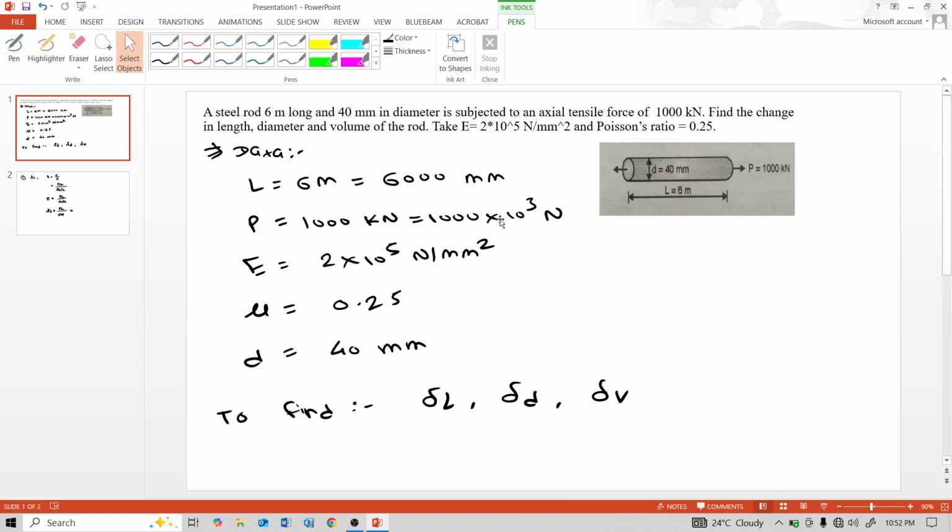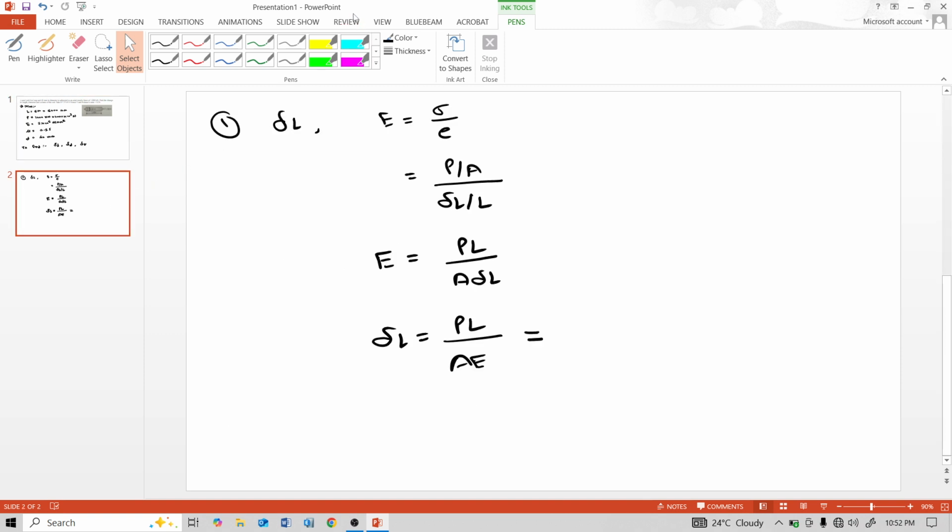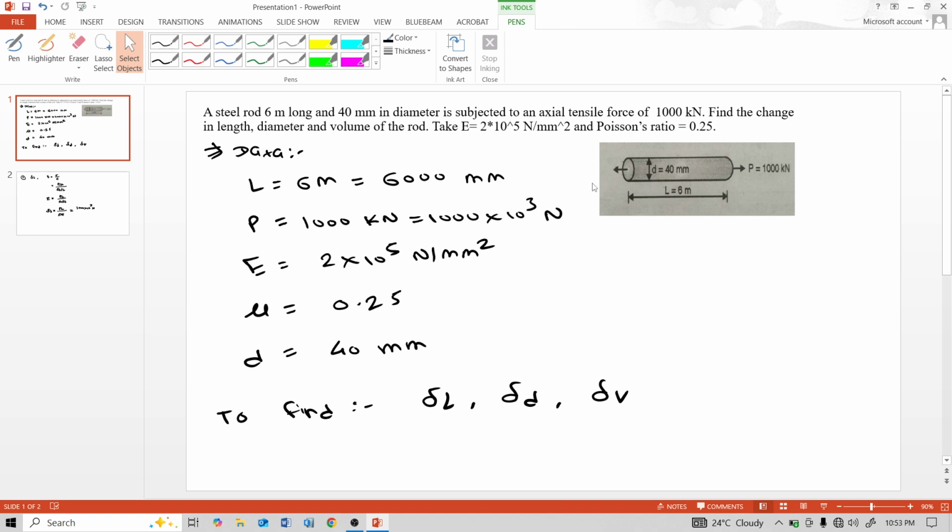P is 1000 into 10 raised to 3 Newton. L length is 6000 mm.